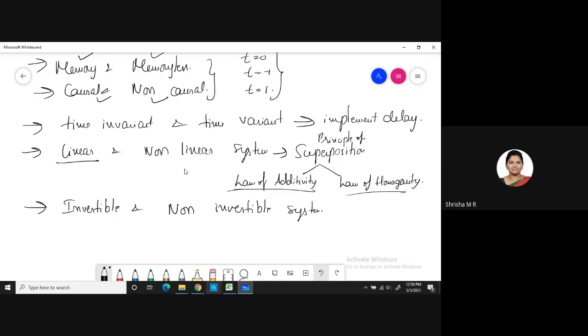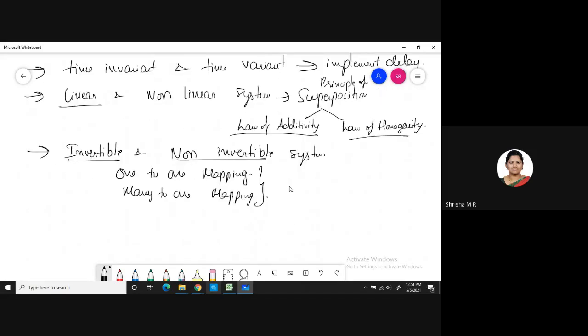We shall see one-to-one mapping and many-to-one mapping. So if we understand this, we'll understand what are invertible systems and what are non-invertible systems. So next are stable and unstable systems.